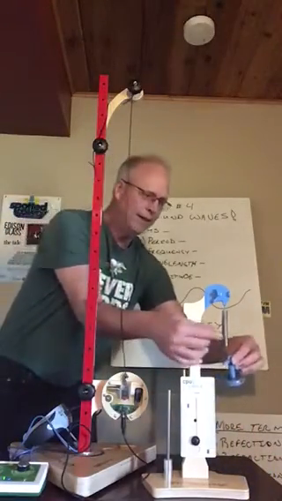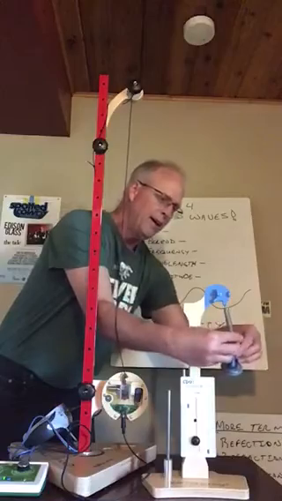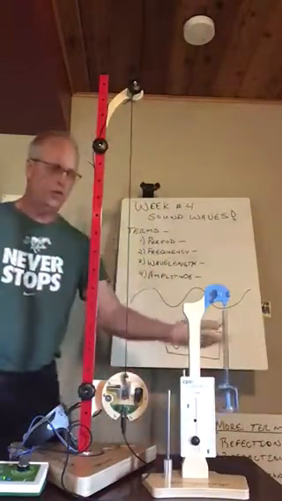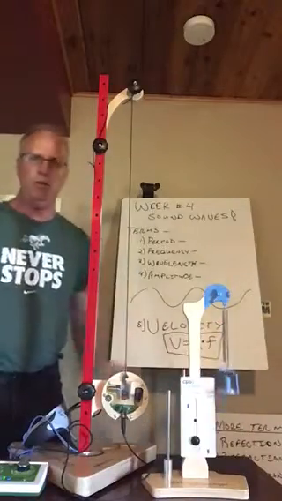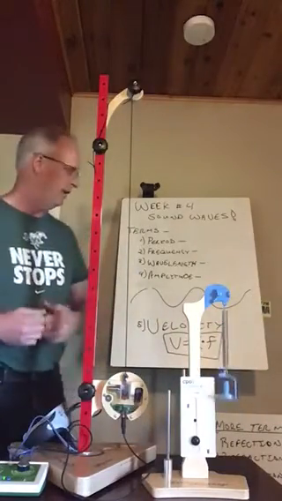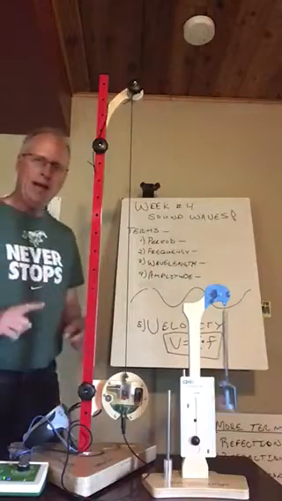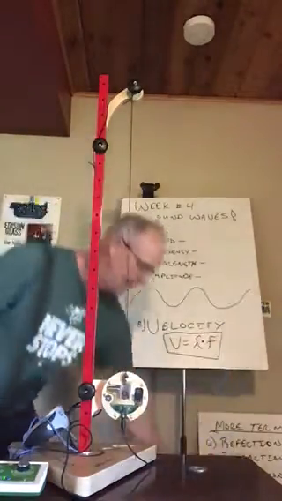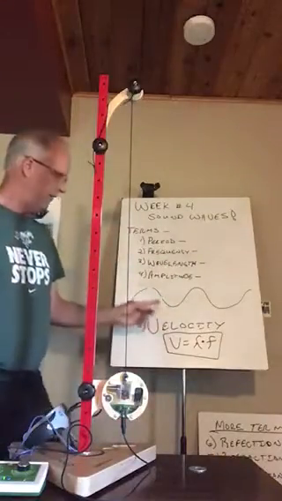And I'm just having fun with this thing today. So if I pulled this down to 8 and went up, the amplitude would be from as high as it went to as low as it went. Maximum displacement.